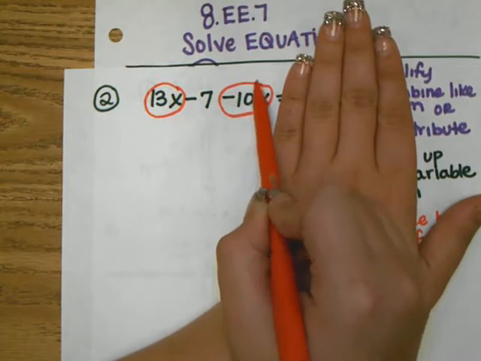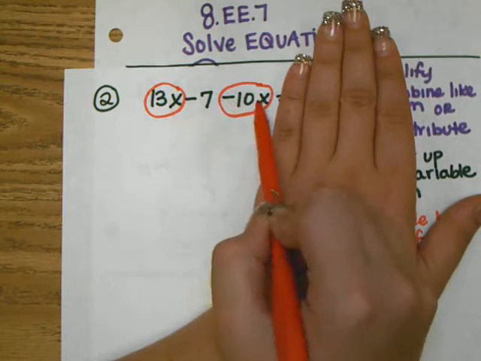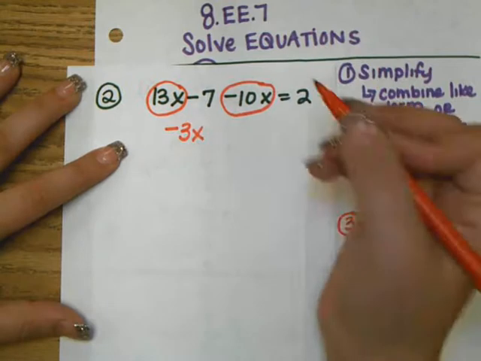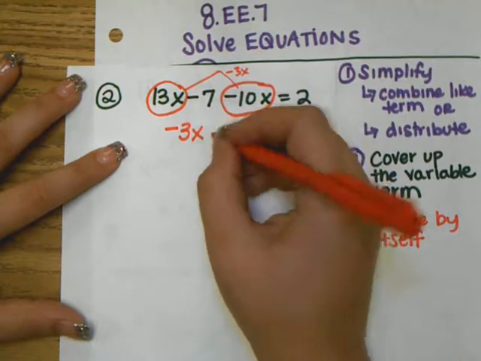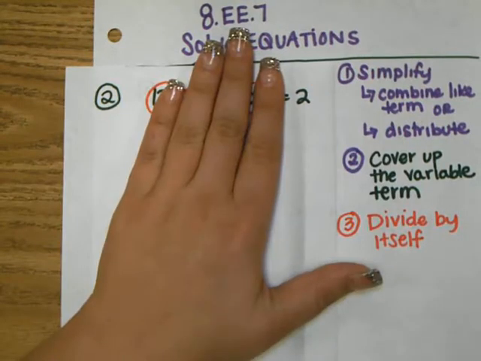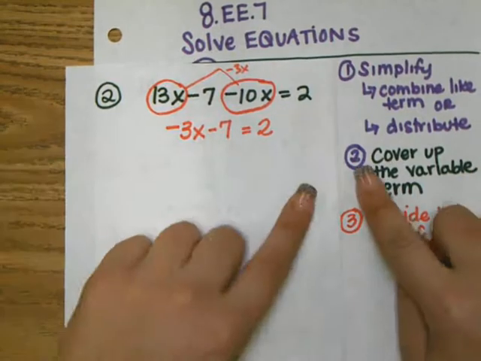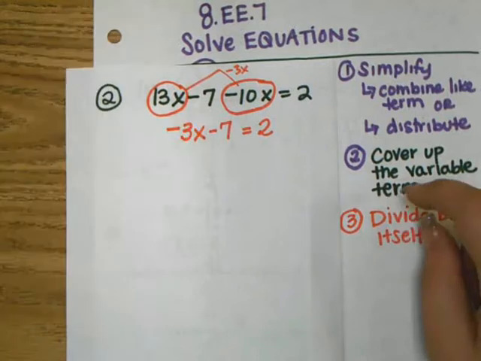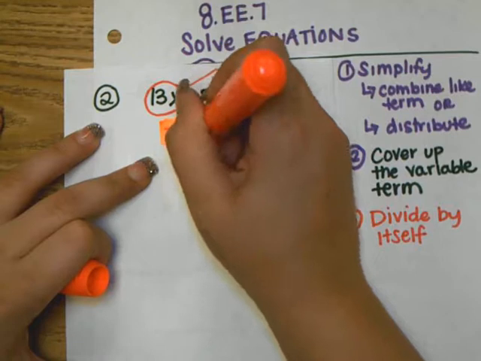So I'm going to take the 13x and the negative 10x and simplify that, because 13x minus 10x is negative 3x. So these made negative 3x. Then I'm going to bring down the negative 7. And then if I look to the right side, I can't do anything with 2, so I'm just going to bring down the 2.